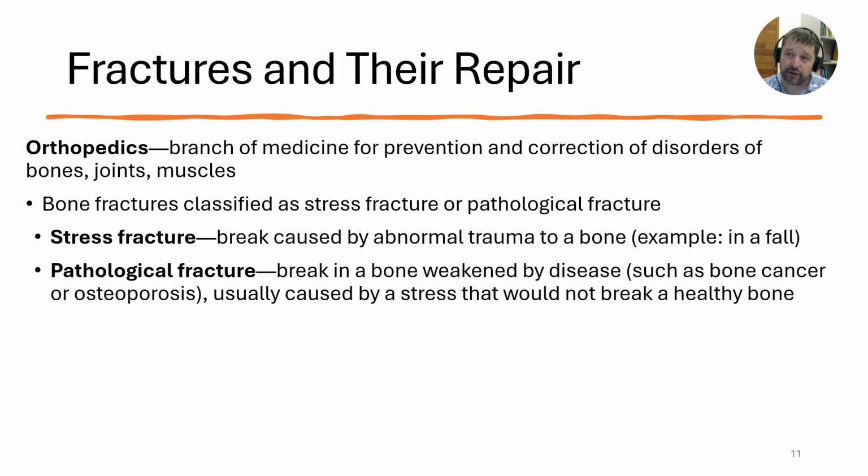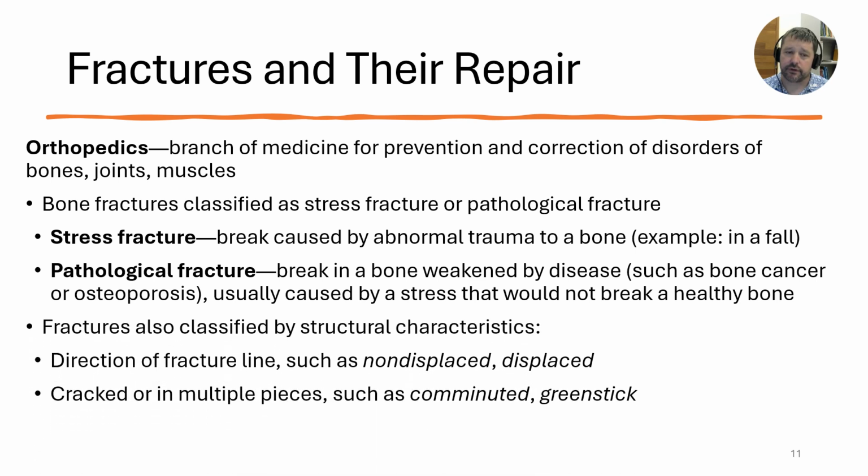Now, these two can work together. You can have some osteoporosis and then have a fall and create a stress fracture. So they are related to each other, but a little bit different. Fractures can also be classified on what structure or how the structure has been fractured or broken.